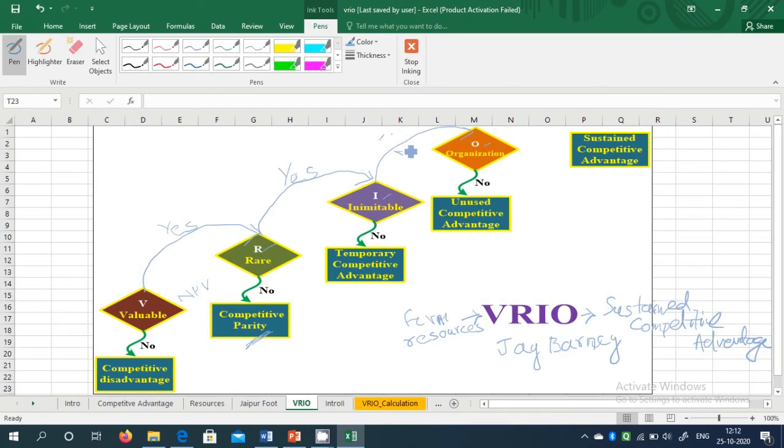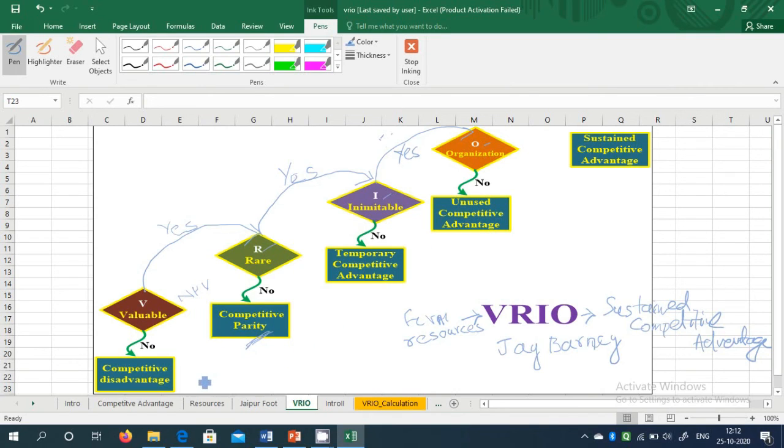If you say yes, then your resources are valuable, rare and inimitable. But if the organization is not able to capitalize on that, say you have some machinery or human resource that is not getting used by the firm, then at that point of time we say it is an unused competitive advantage.